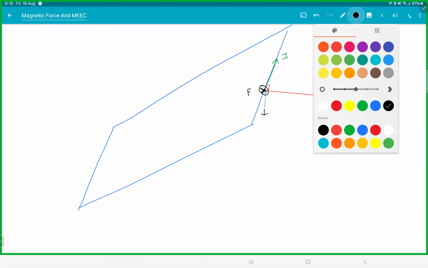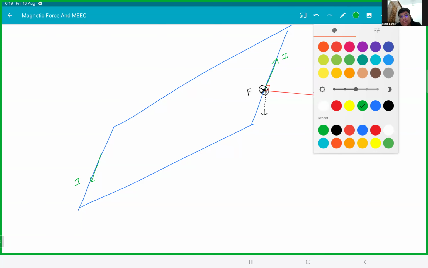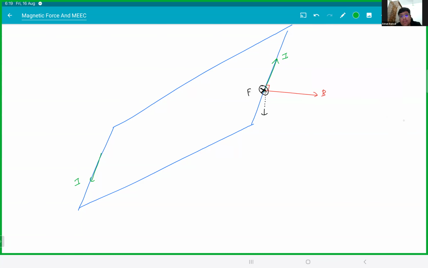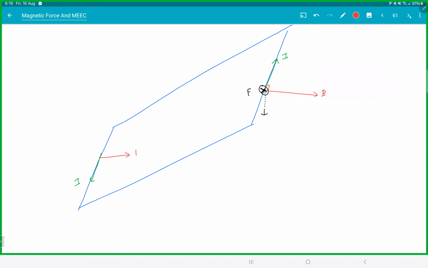Similarly here, when you take the force, how is the force into the plane? It should be vertically downward, no? I is into the plane, so this is B bar here. So how is the force here? Upwards. So here it is up the plane, but there it is into the plane. No, what I'm saying is I is behind the plane now.